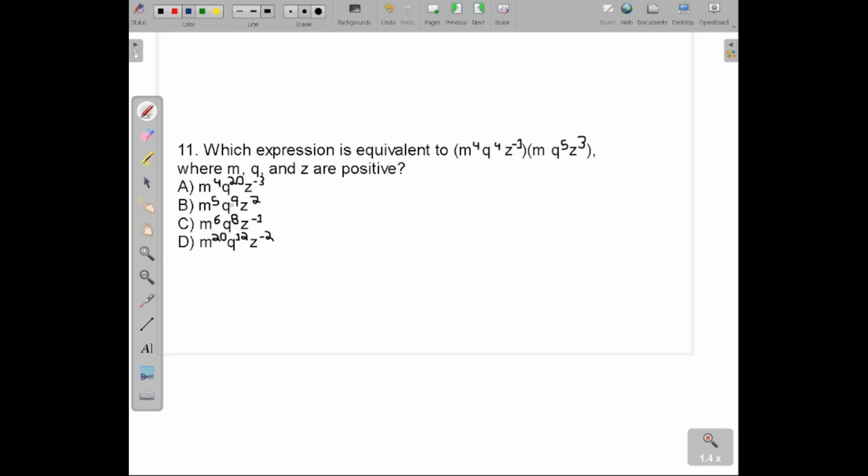11. Which expression is equivalent to m to the power of 4 times q to the power of 4 times c to the power of negative 1, times parenthesis m times q to the power of 5 times c to the power of 3, where m, q, and c are positive.